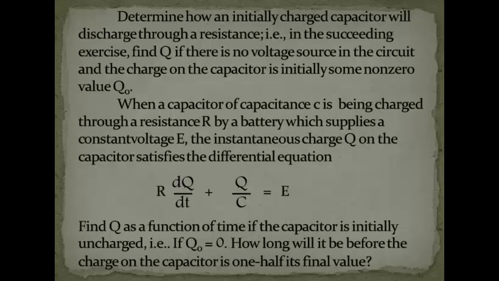in the succeeding exercise. Find Q if there is no voltage source in the circuit and the charge on the capacitor is initially some non-zero value Q0.